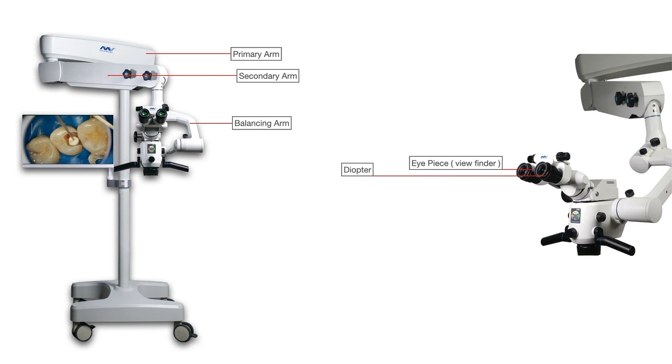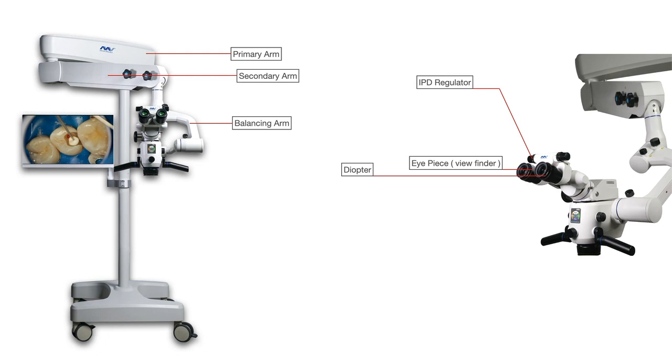Today in the market, plus or minus 7 is the most common one. So when you choose a microscope, try to have an eyepiece with a high range of diopter, because diopter is important for people who complain about some defect in their eyes. We can just regulate by minusing or plusing, or by rotating the diopter. Another component is the IPD regulator.